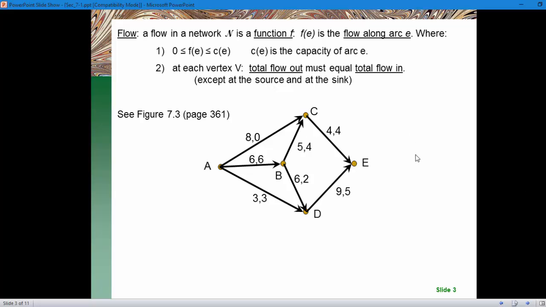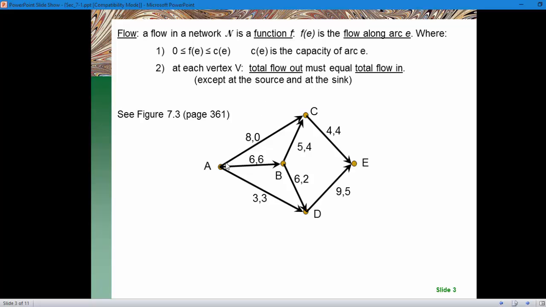Let's take a look at this example. Notice that now we have a transportation network. Again, each edge has a number, a weight, and these weights are called capacities. Now we have a second number at each edge. And these second numbers that you see here in the graph are the values of the function at each arc.